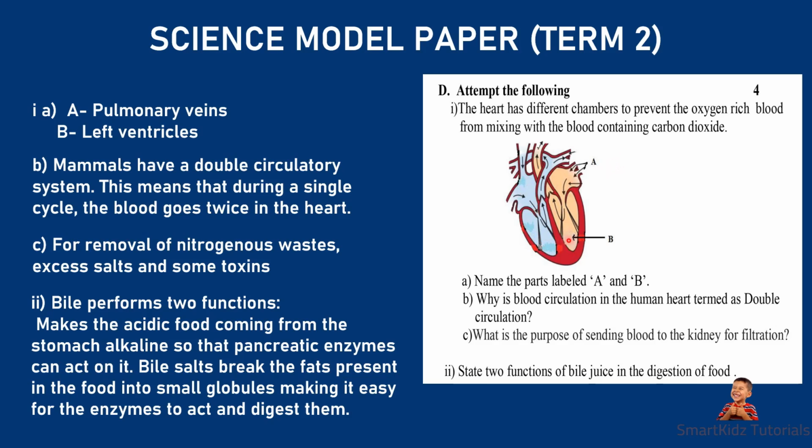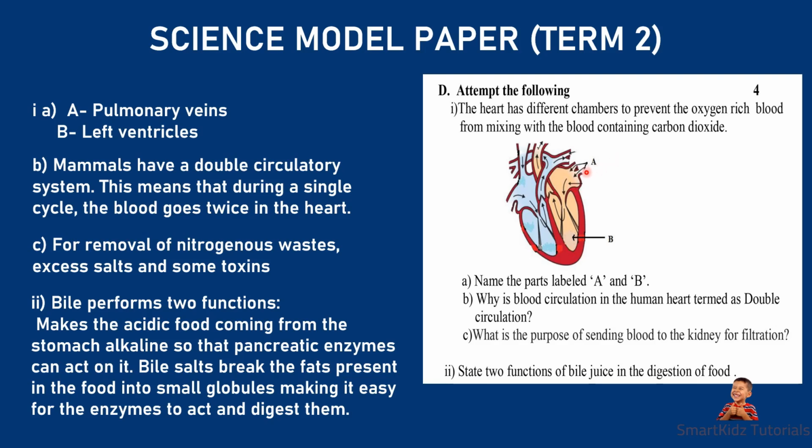In this case, you should know that the left atrium receives blood from the pulmonary veins. It is the only vein that brings in oxygenated blood. The remaining veins of the body carry deoxygenated blood.